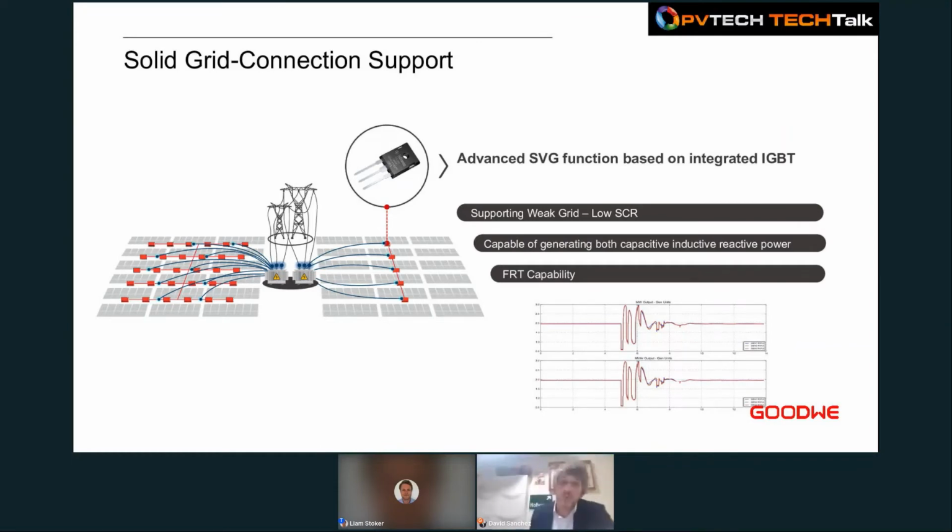Solid grid connection support. Again, that's a no-brainer. We all know that all the grid codes are getting more and more challenging. All the grid operators are toughening the requirements in every single country.